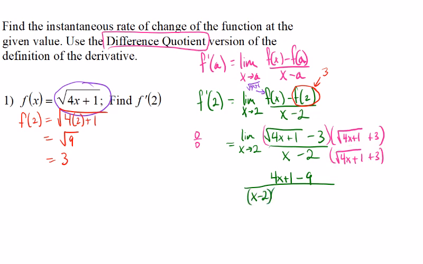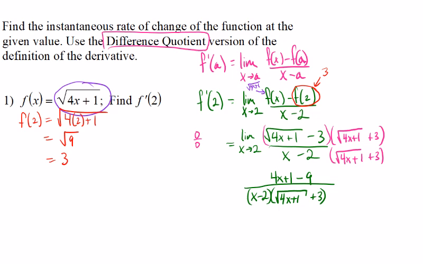Notice that I'm not distributing or foiling. I'm going to leave them as separate factors, because the whole point is I want to cancel out this x minus 2, because that's what's causing the 0 in the denominator.